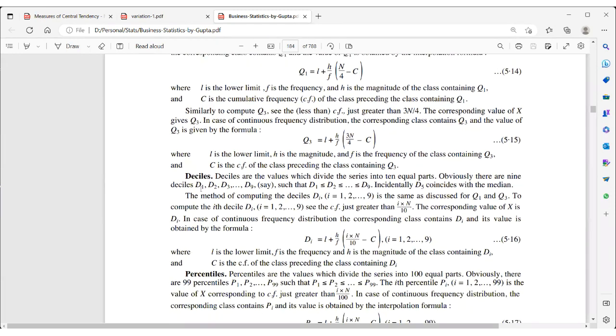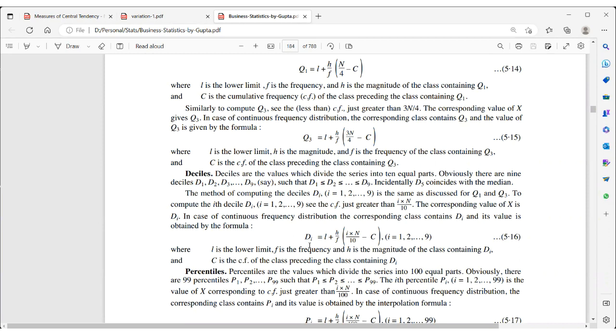Similarly, deciles D1, D2, D3, up to D9. A decile is when we divide the data into 10 equal parts, denoted by D. We generalize the formula: Di = L + (h/f)(iN/10 - C).